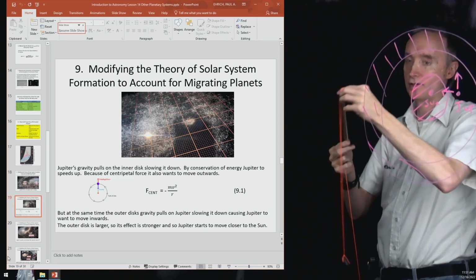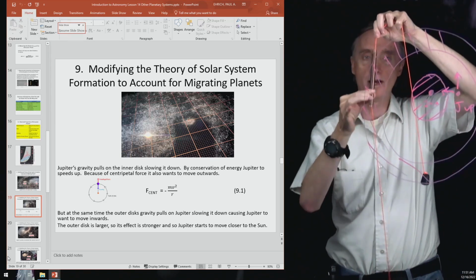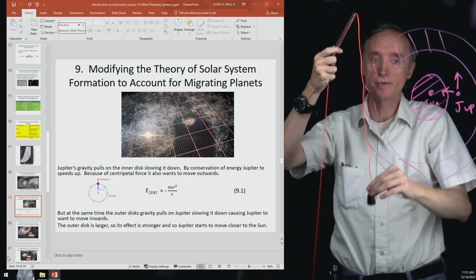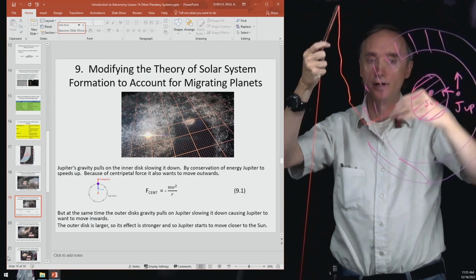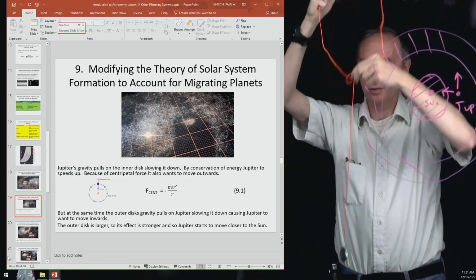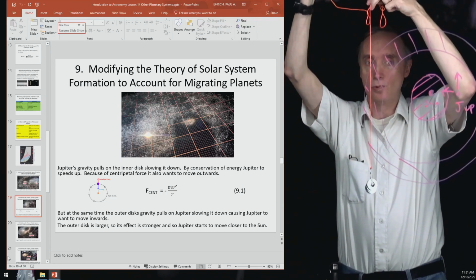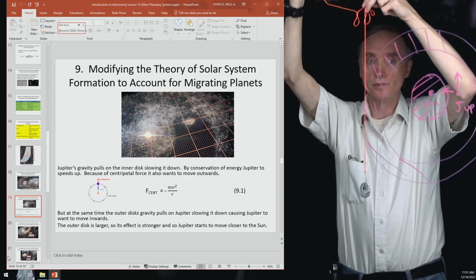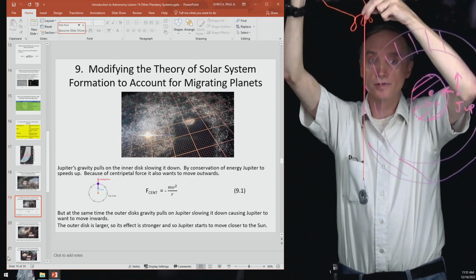So what this consists of is a plastic tube, and then there's a string that runs through it, and it's attached to a rubber stopper, and then the other end of the string is attached to some washers. So now the washers are going to represent the gravity of the sun.